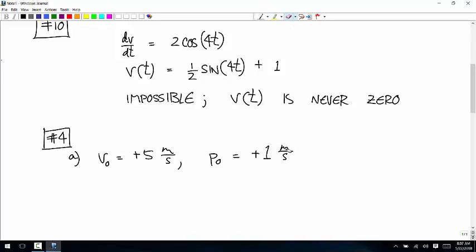How long does it take to hit the ground? And second, how fast is it moving just before it hits the ground?